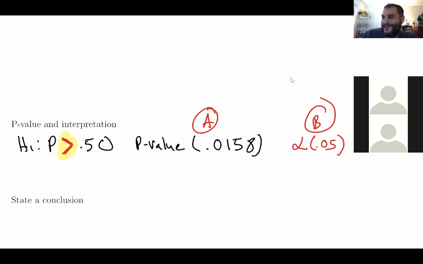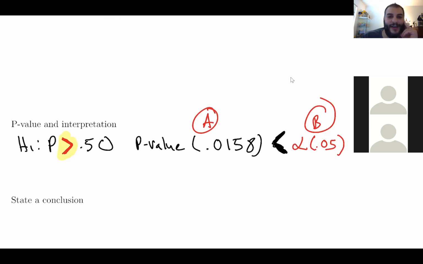Yeah, so if you look at it, B is actually bigger than A. 0.05 is bigger than 0.0157.